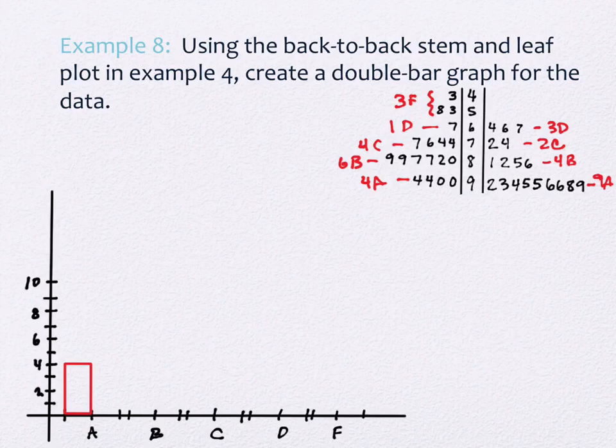How many B's are on exam 1? 6. So I need a bar of height 6 for the first of the B categories. C's is 4, so we're going to go to C, and we're going to do a bar of height 4, which is the same as my original bar of height 4, right? I have 1 D.